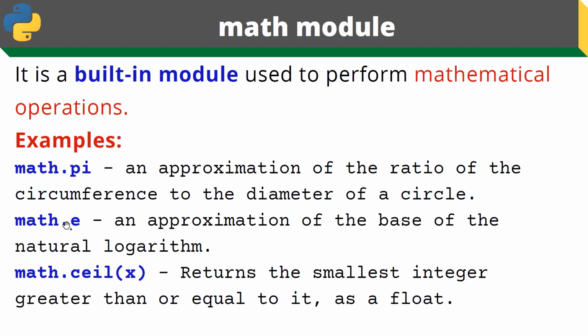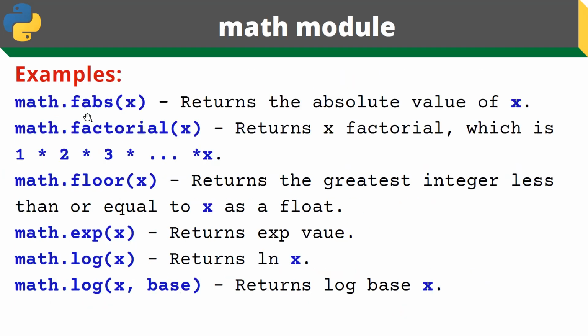Then math.e is an approximation of the base of the natural logarithm, the exponent value. math.ceil(x) returns the smallest integer greater than or equal to x as a float type. math.fabs(x) returns the absolute value of x. math.factorial(x) returns x factorial, which is 1 times 2 times 3 and so on up to x. math.floor(x) returns the greatest integer less than or equal to x as a float value.